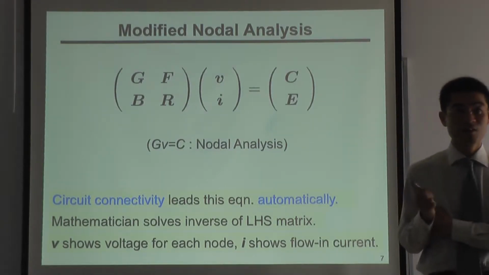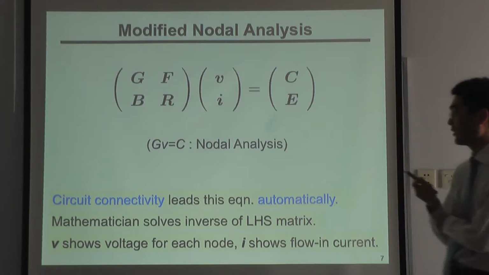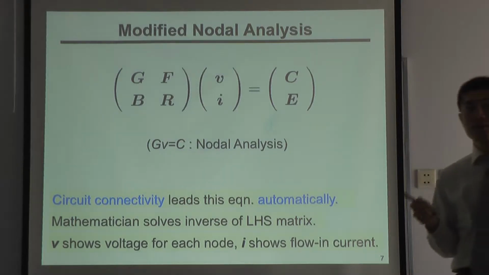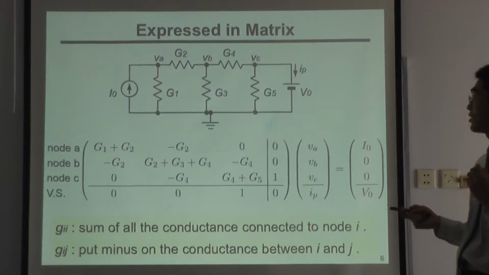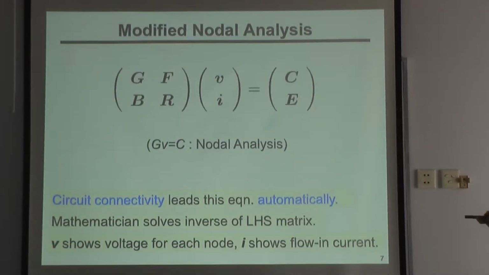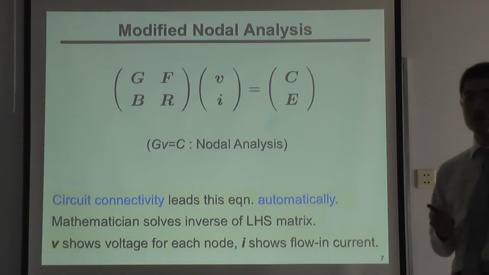The important thing here is that circuit connectivity fills in these equations automatically. Once you know the circuit connectivity, we can automatically generate this matrix. And once we have these equations, it is not our job to solve them.